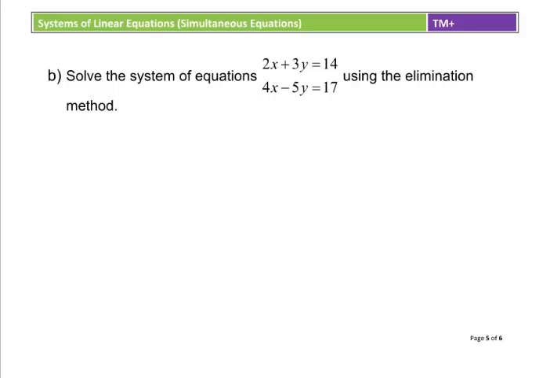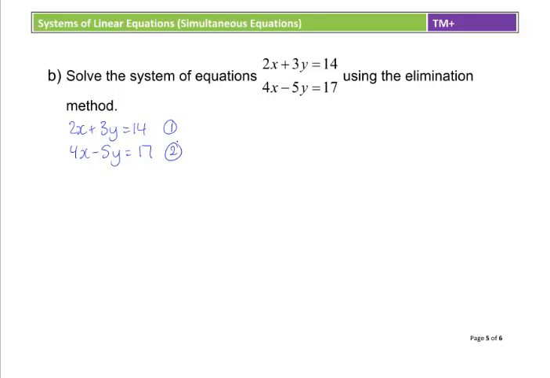Let's look at another example. Here it says solve the system of equations 2x plus 3y equals 14, 4x minus 5y equals 17, again using the elimination method. So write out both equations and label them. Now how can I make the coefficients the same? Okay, it's easier if we only have to change one equation.